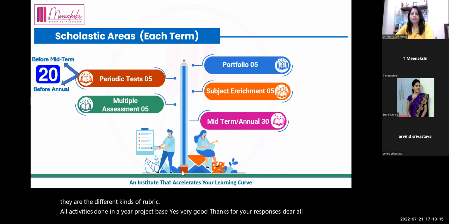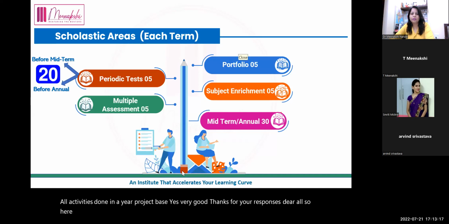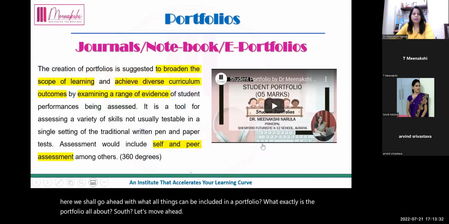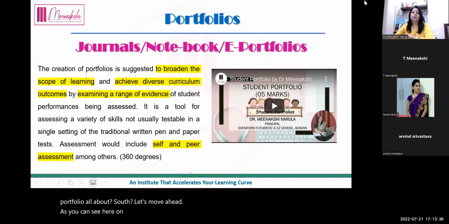So here we shall go ahead with what all things can be included in a portfolio. What exactly is the portfolio all about? So let's move ahead. As you can see here on the screen: journals, notebooks, portfolios.